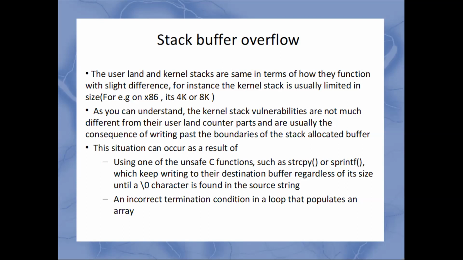This situation can occur as a result of using one of the unsafe C functions such as strcpy or sprintf, which keep writing to the destination buffer regardless of its size until a null character is found in the source string, or an incorrect termination condition in the loop that populates an array.